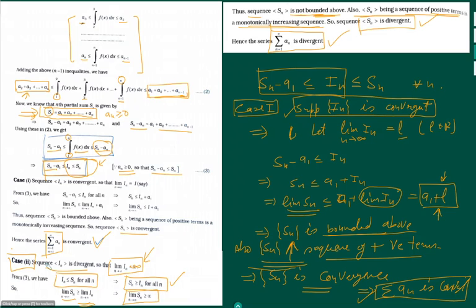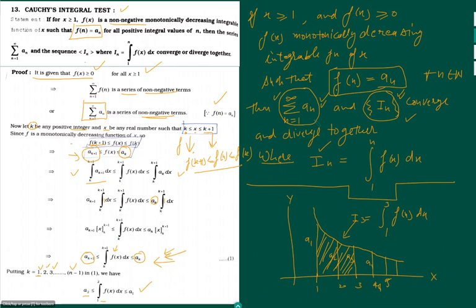So we have shown that if in is divergent, then the series an is also divergent. So we have proved that if in is convergent, then the series is convergent. Alright, we have proved that if this sequence is convergent, then this series is convergent, and if this sequence is divergent, then this series is also divergent.